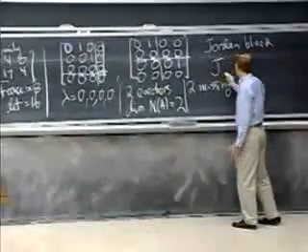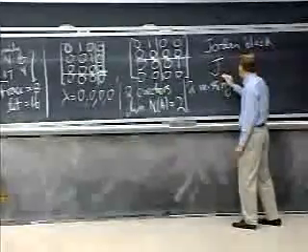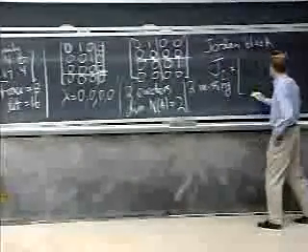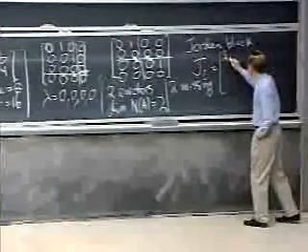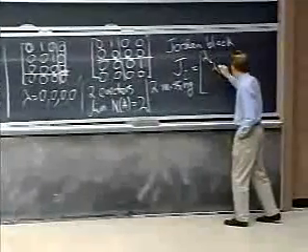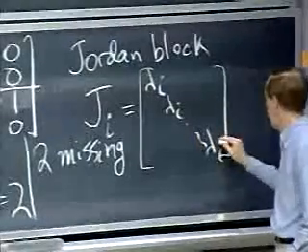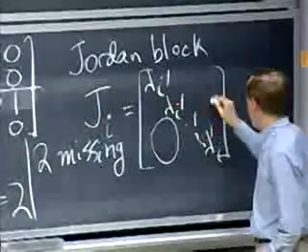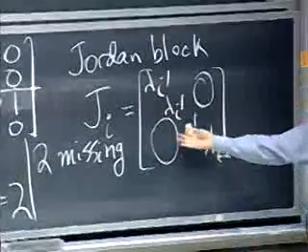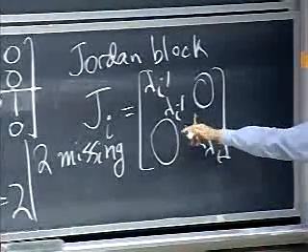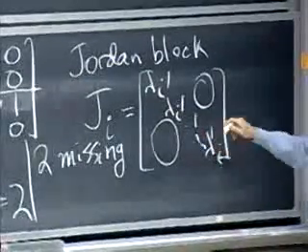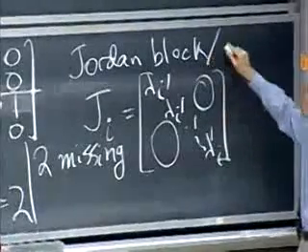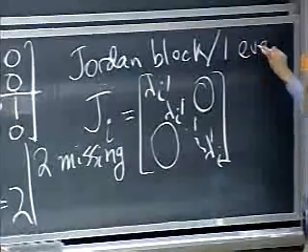A Jordan block has a repeated eigenvalue, lambda i, on the diagonal. Zeros below and ones above. So there's a block with this eigenvalue repeated, but it only has 1 eigenvector. So a Jordan block has 1 eigenvector only.